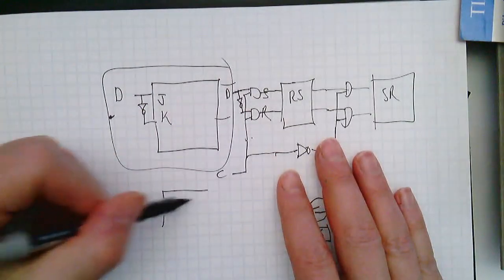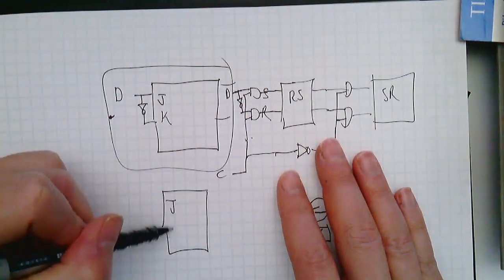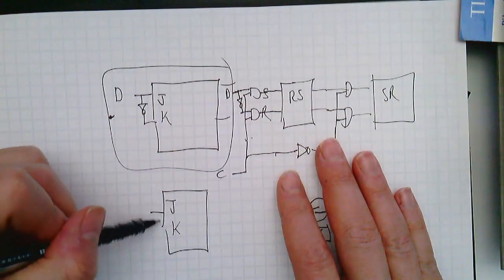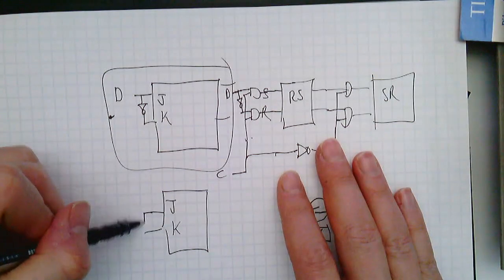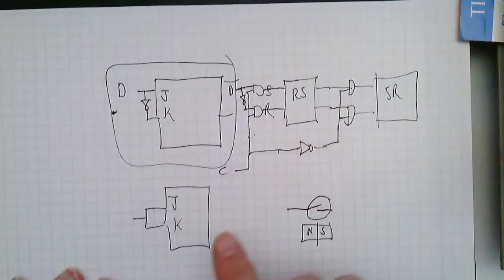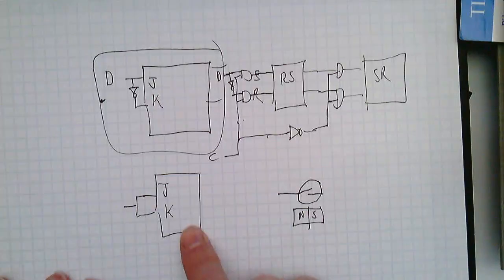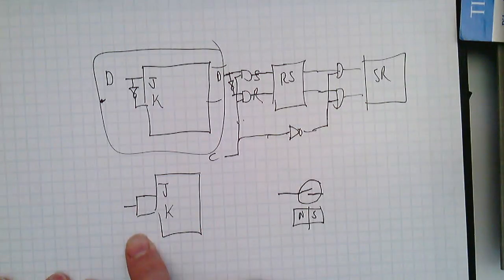You know, this is another one, right? Here's JK. Here's J. Here's K. Being wired together. Okay, I used JK. What did I make? What is this flip-flop?